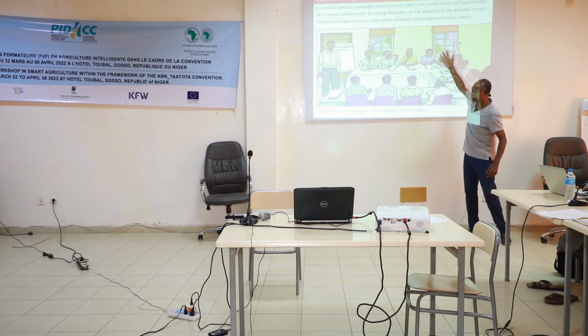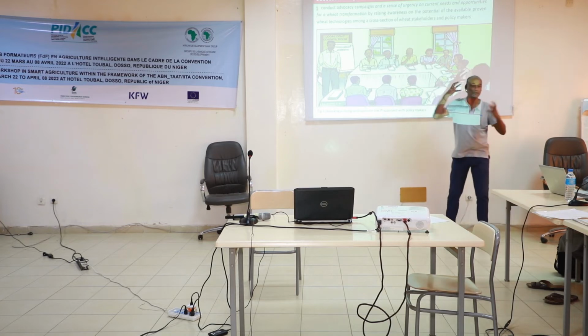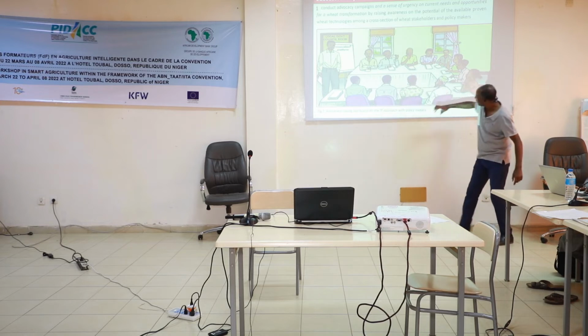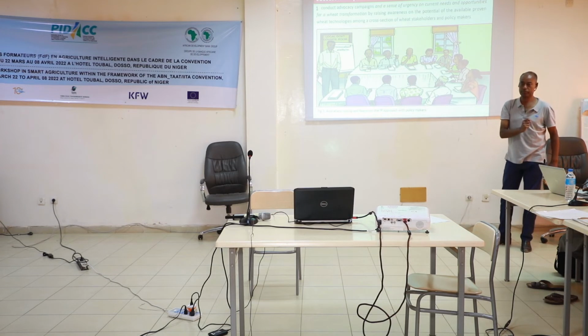The policymaker is here to create a favorable environment for all stakeholders to work together. The research institute will be there to provide training, capacity building, and access to technology. So this kind of partnership is the way to succeed. One partner, one stakeholder alone cannot bring change.